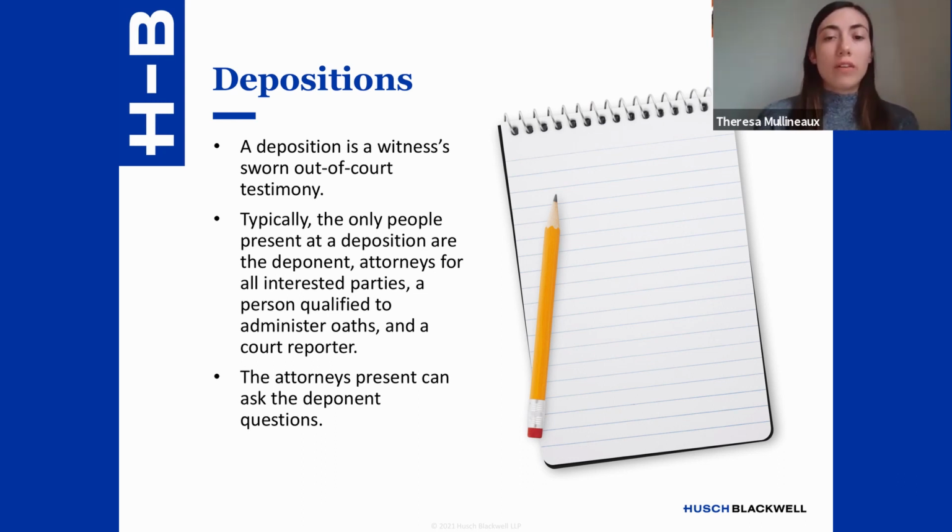From there, the attorneys present can ask the deponent any questions. It's really difficult to object to any questions during the deposition. There are limited objections that are allowable, but for the most part, any question that you are asked during a deposition, you have to answer.